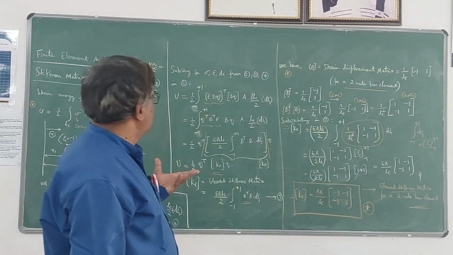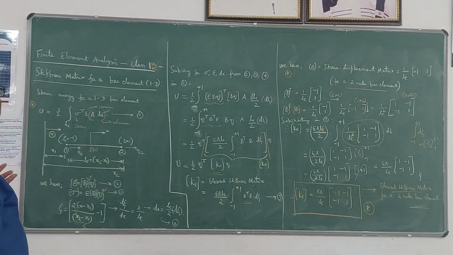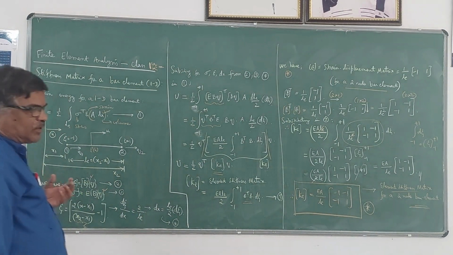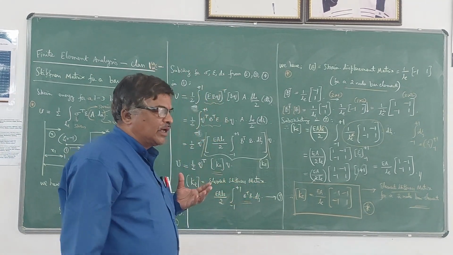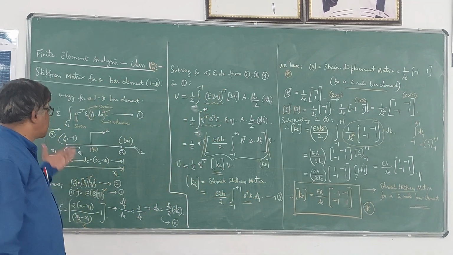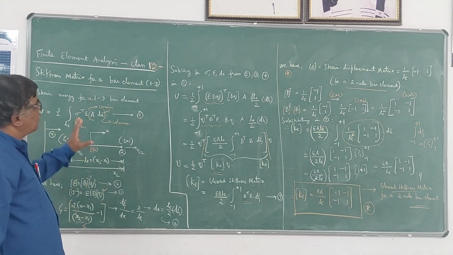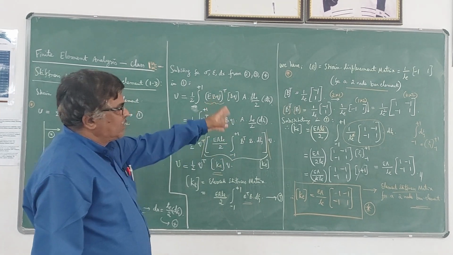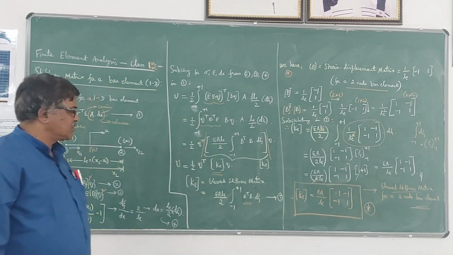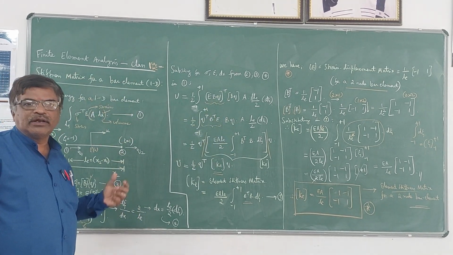So this is how we can derive the stiffness matrix for a one-dimensional bar element which has 2 nodes with 1 degree of freedom at each node, Q1, Q2. So from the strain displacement matrix, you can always derive the stiffness matrix for a given element.